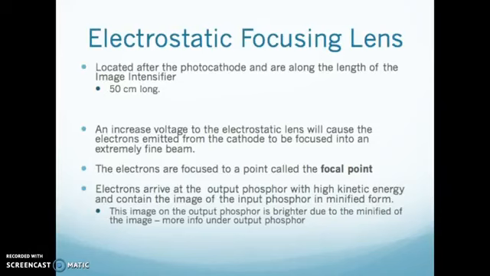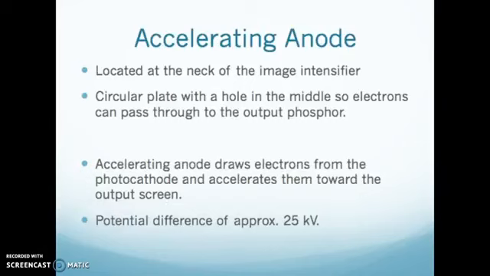Okay, so in a minified form. The image that is on the input phosphor is accelerated and minified. So when it hits the output phosphor, it is a lot brighter. The accelerating anode is located at the neck of the image intensifier.